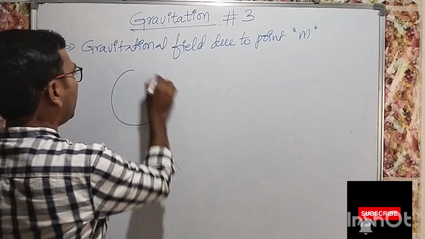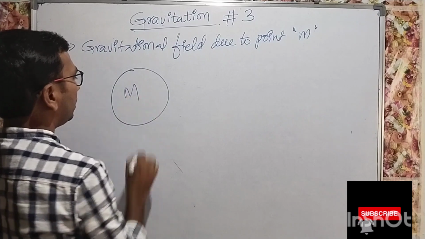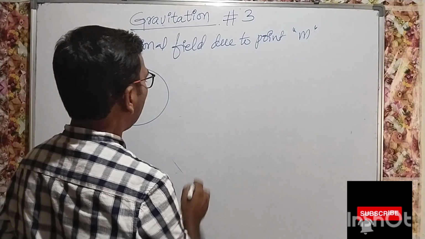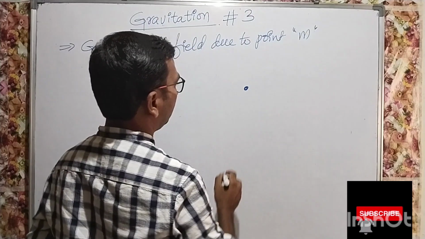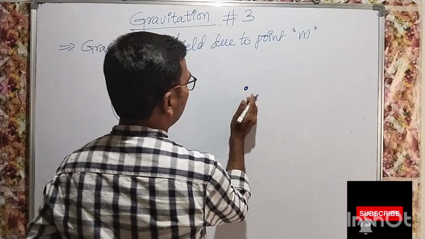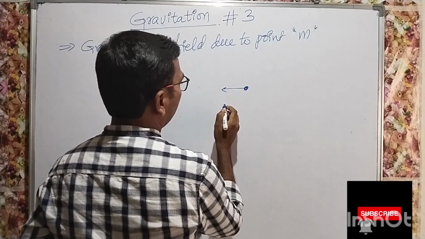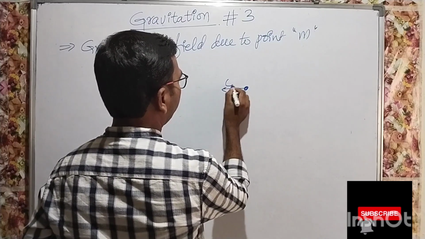Suppose consider a body of mass M, and consider a test mass m. Due to this gravitational field, a force is acting, and the gravitational field acts in this direction.